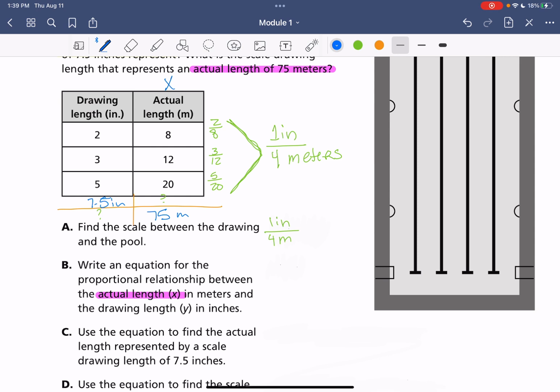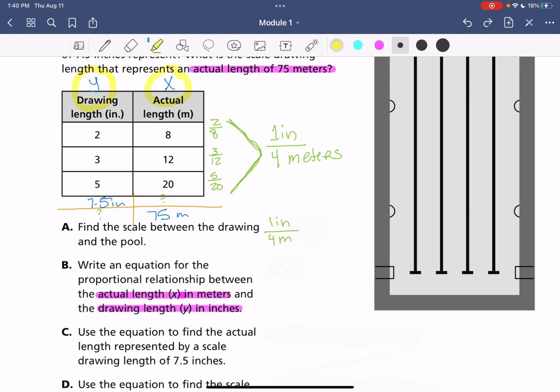And then our y is our drawing length. That's in our inches. So our drawing length is our y. And this is just something to keep an eye on because this is just different. Normally our x is first and then our y is listed second. But here our x is in our second column. So just be aware of that.